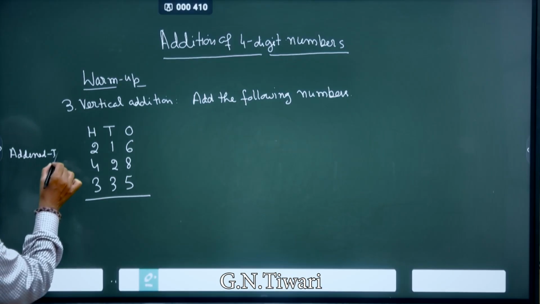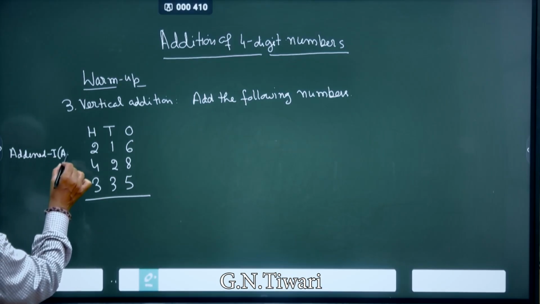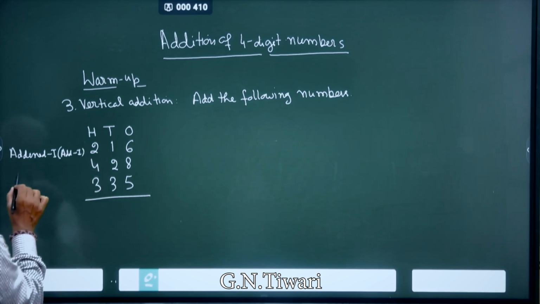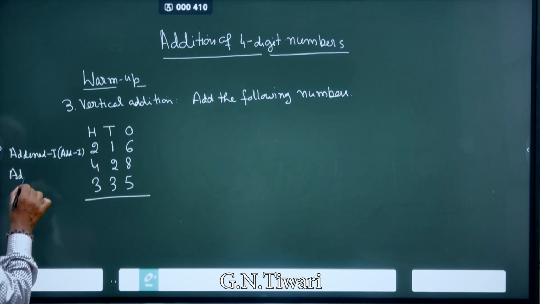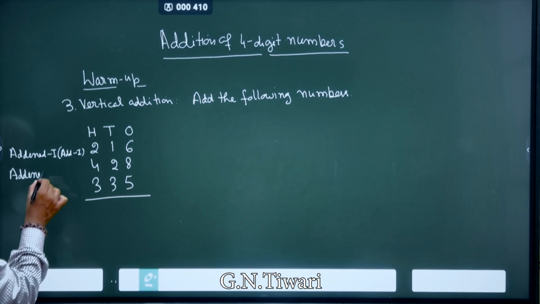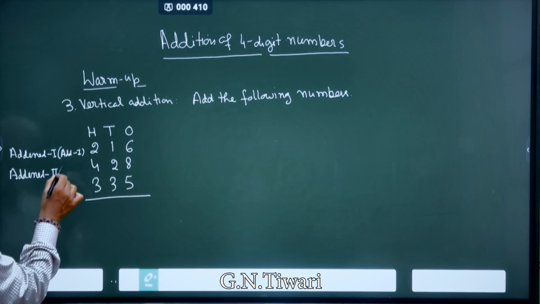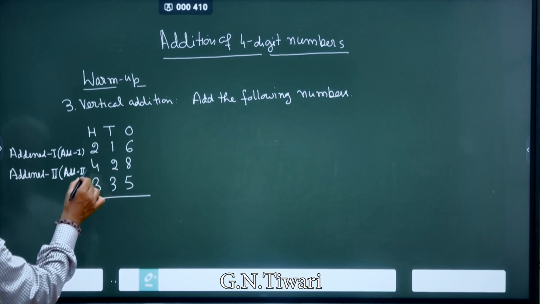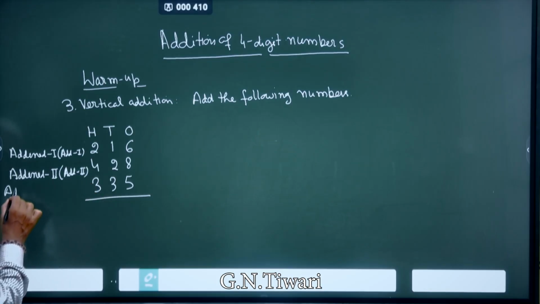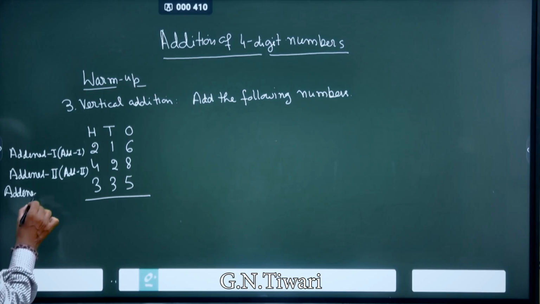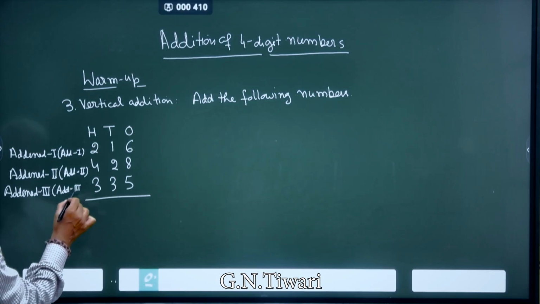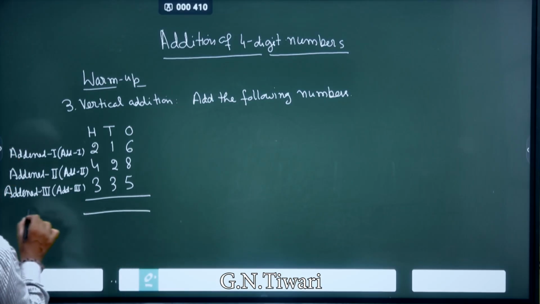In short I can write it add 1. Then addend 2, in short add 2. Then addend 3, this is add 3. And last it is sum.